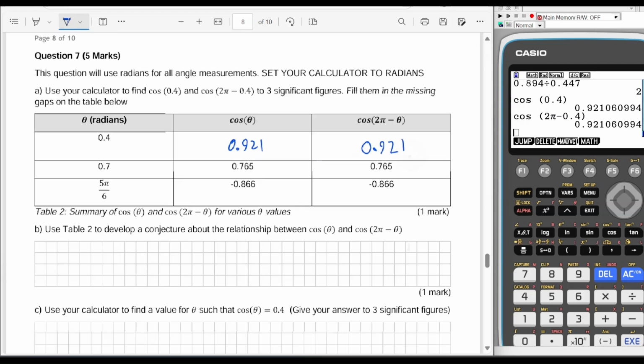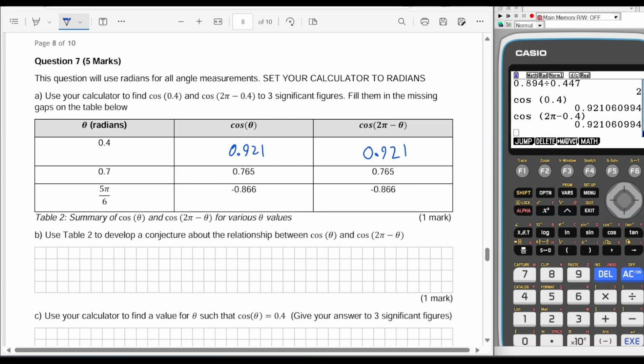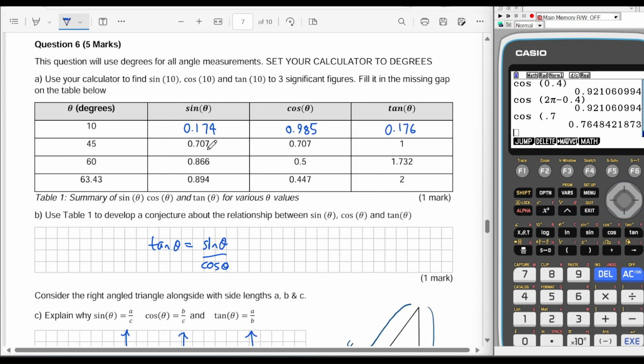Now I actually really want to make sure, when I give you a table like this, that you can replicate how I've done the work in this table. So if I do cos of 0.7, that's 0.76, or rounded up, 0.765. So that's partially why I'll fill in some of the table.